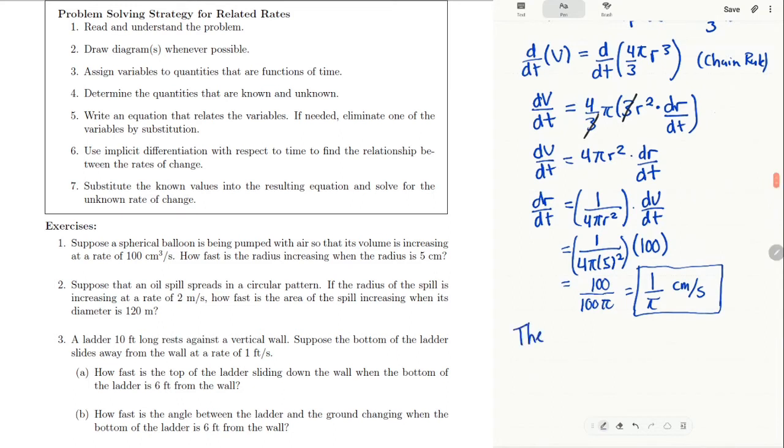So the radius is increasing at 1 over pi centimeters per second when the radius is 5 centimeters.